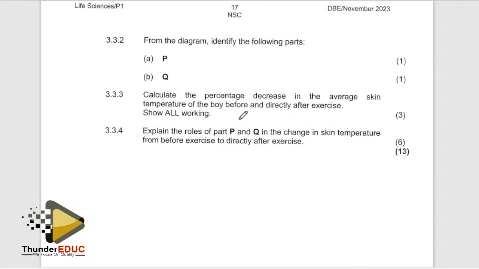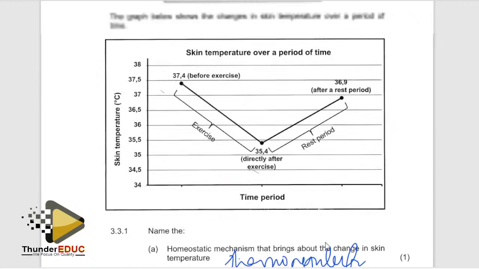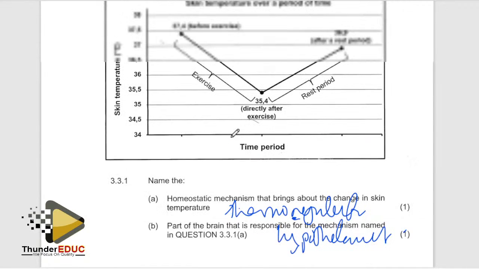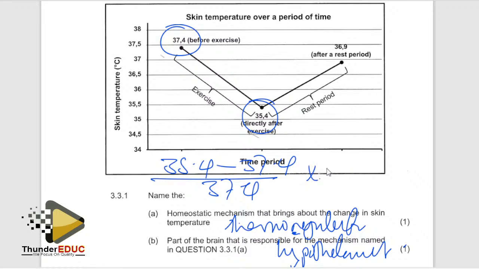Calculate the percentage decrease. We talked about this. We say that percentage decrease is equal to final minus initial over initial, not over final, times 100. Talked about this very well. I hope you have done it. You have not disappointed me. So in this case you have final minus initial over initial, so it's going to be 35.4 minus 37.4 over 37.4 times 100.